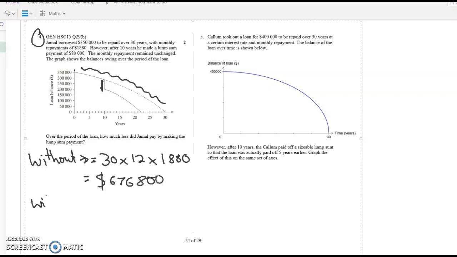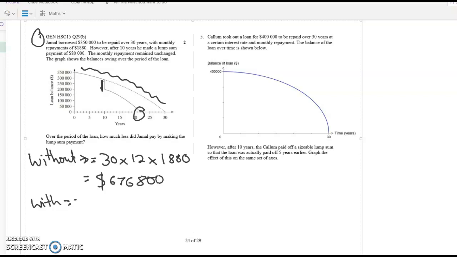and with that lump sum, the total is going to be 22, because he pays it for 22 years. He pays that amount rather than 30 years.